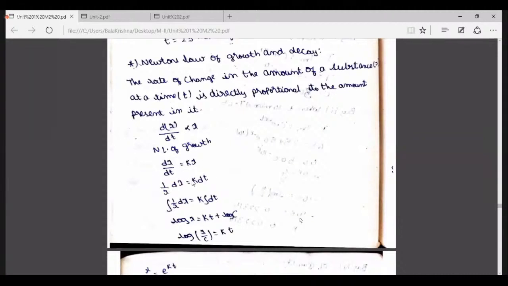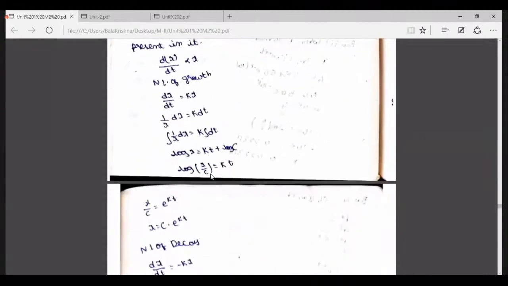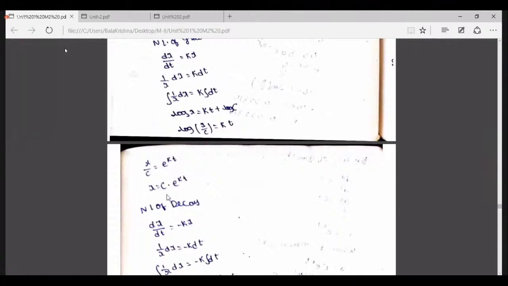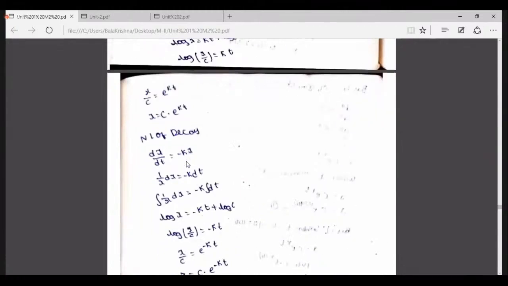So, when you simplify this one by variable separable method, you will have that x is equal to c into e power kt. Okay. So similarly, Newton's law of decay. That means proportionality constant you should consider as minus k. There you should take it as plus k and here it is minus k. It depends upon you, by seeing the question, you should decide whether it is decay problem or growth problem. Clear?